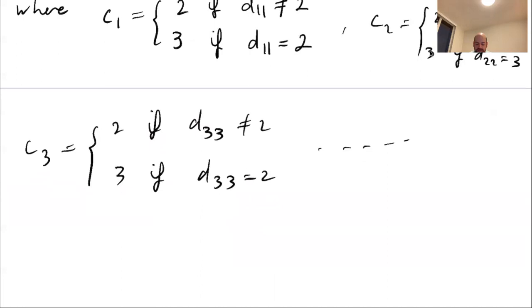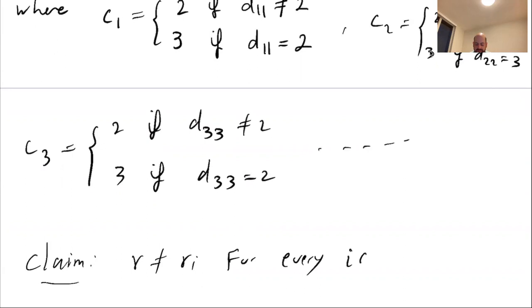So my claim is R is not equal to Ri for every i in N. So I have constructed a number R which belongs to 0 to 1, by the way. Why? Because it's 0 point something. The first number after the decimal is C1, and C1 is either 2 or 3.